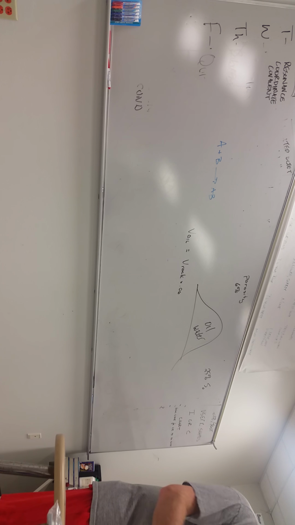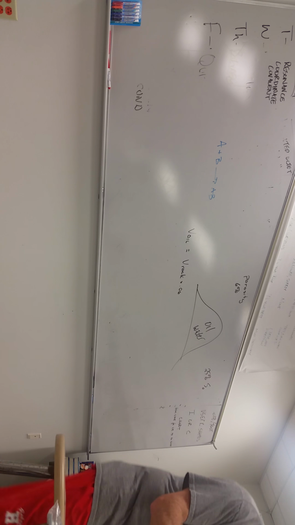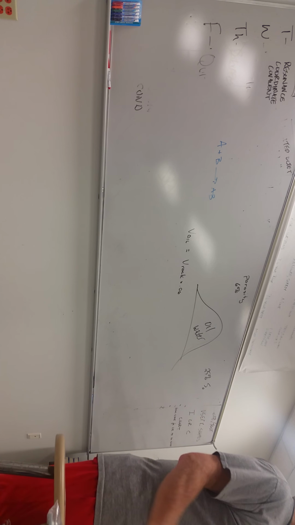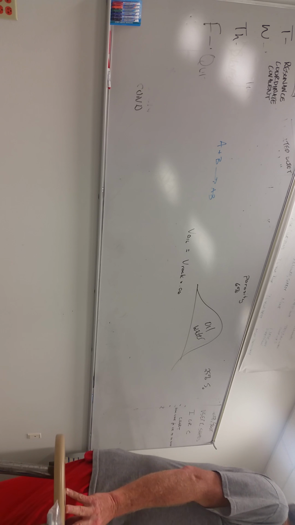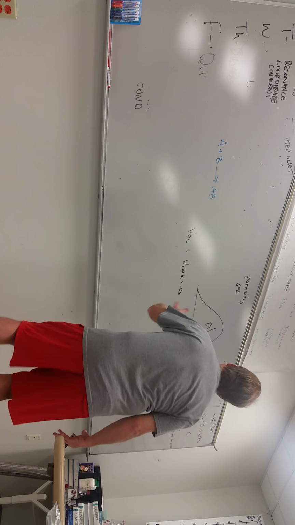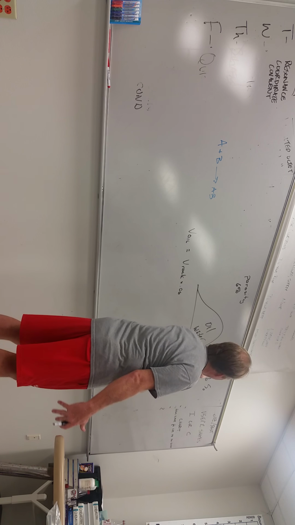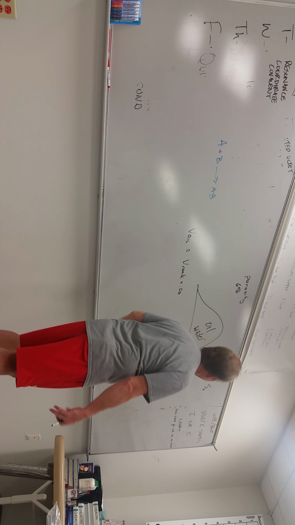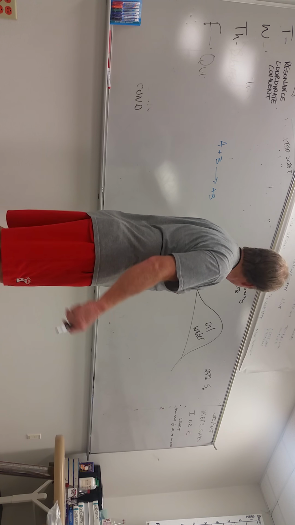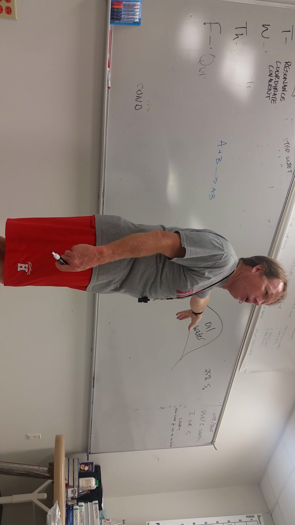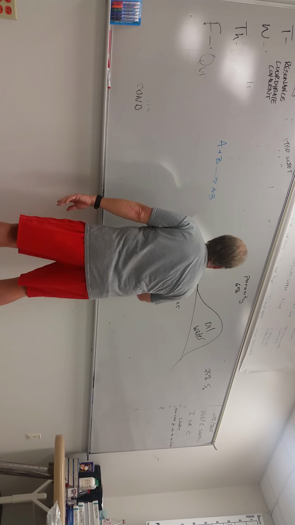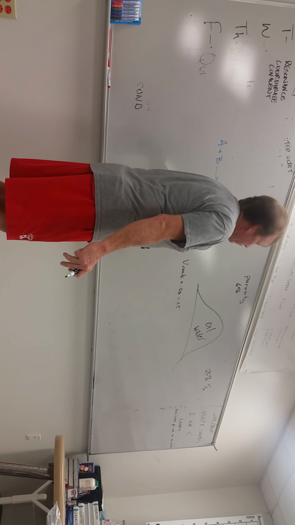If you don't participate, you might as well do it on your own. So let's get a little participation going. If the fluid here is 25% oil saturation and 75% water, and I'm calculating the volume of the oil, what would I multiply this whole thing by? 0.25. And by doing that, I can get the volume of the oil.